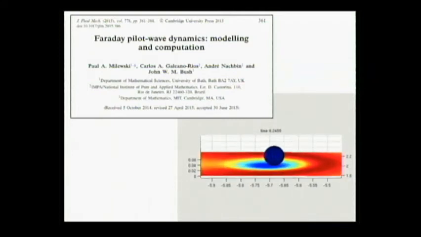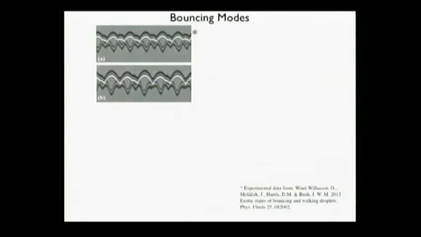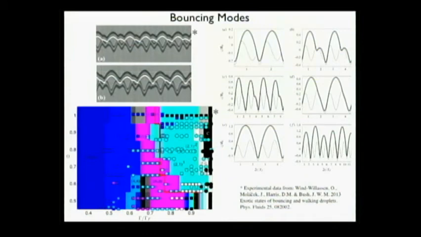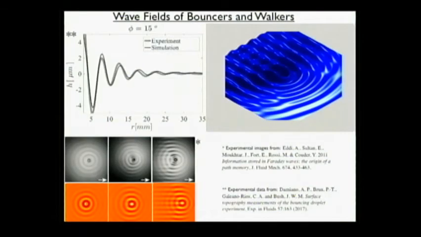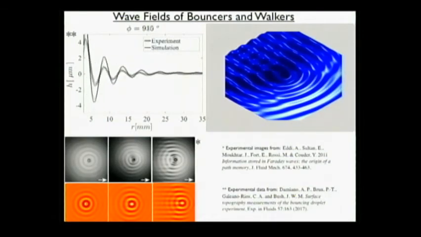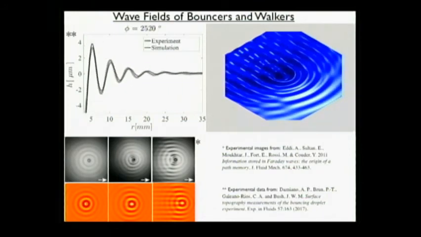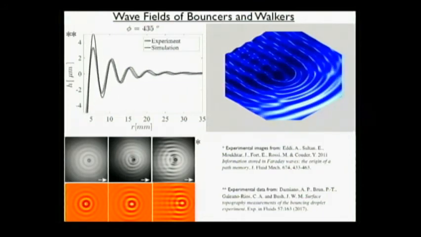So just to give you an idea, we were able to recover a lot of the dynamics. We were capable of recovering many of the bouncing modes, so different periods of bouncing of these bouncing droplets. We had phase diagrams that agreed reasonably well with experiments, and we could also recover features of the wave field of these bouncing and walking droplets, even quantitative comparisons with wave field measurements.